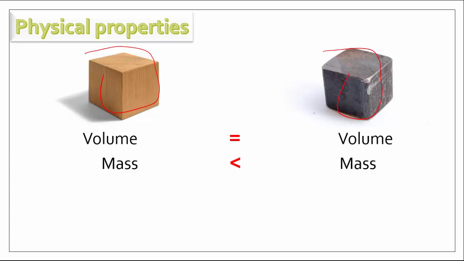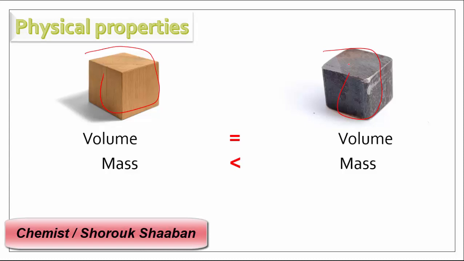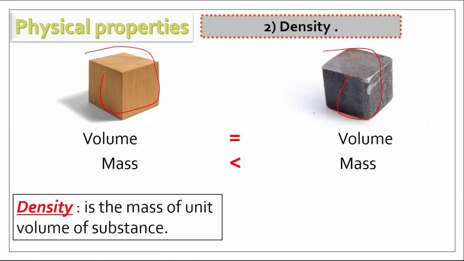What did this say, Miss? Mass and volume. The relation between mass and volume is called what? It's called density. When I tell you that no two matters have the same volume and mass, I mean that no two matters have the same density.